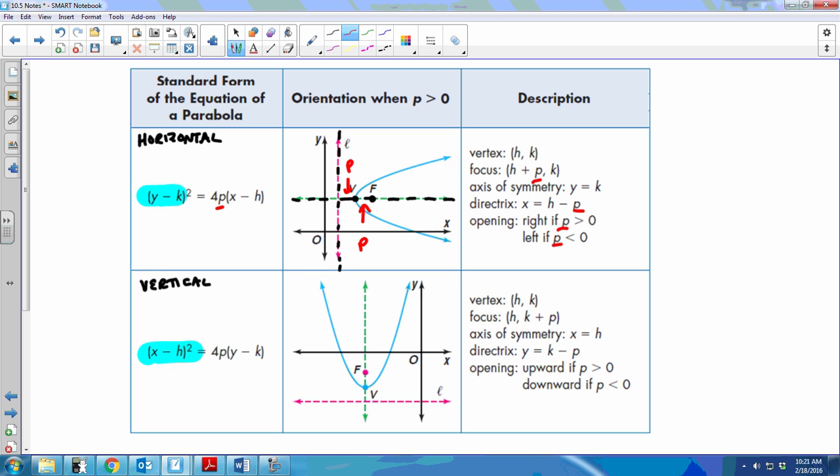The same distance. Right? So P is the distance between the vertex and the focus, or the vertex and the directrix. They're both the same distance. You'll need that for Learning Target 13. Any questions on what any of those things are?